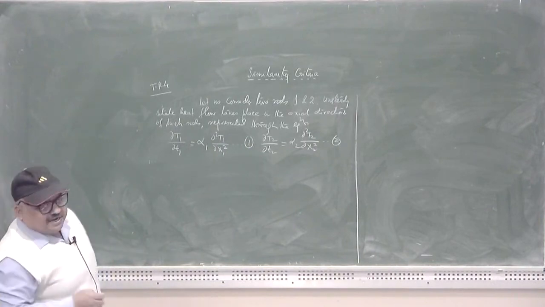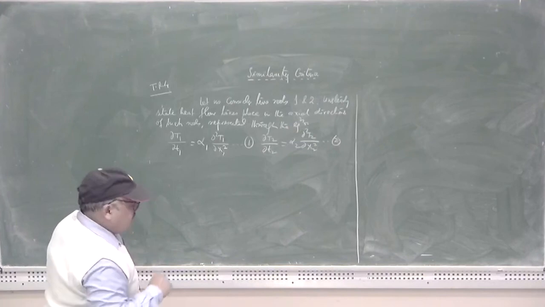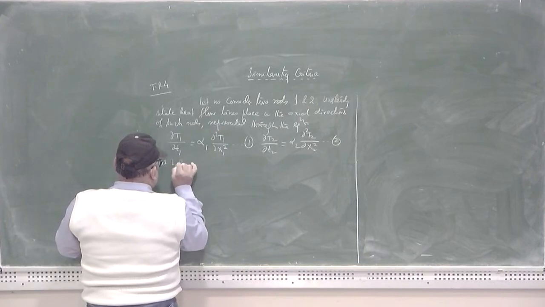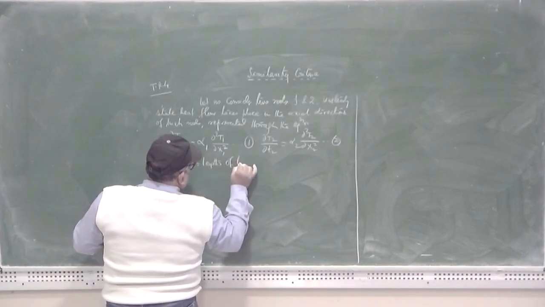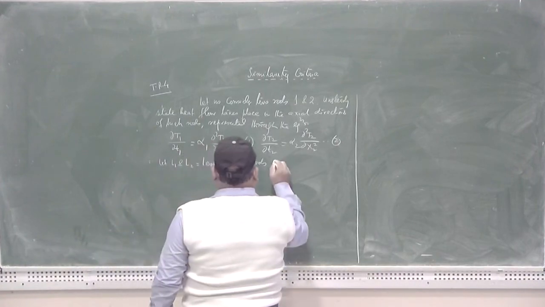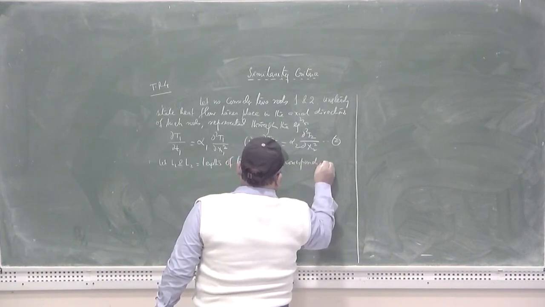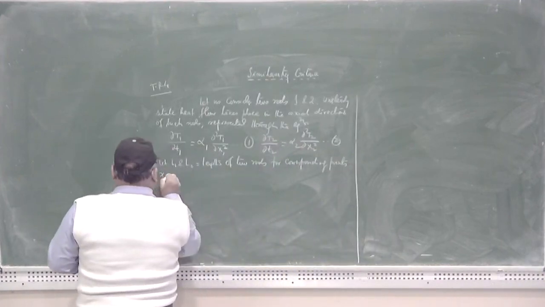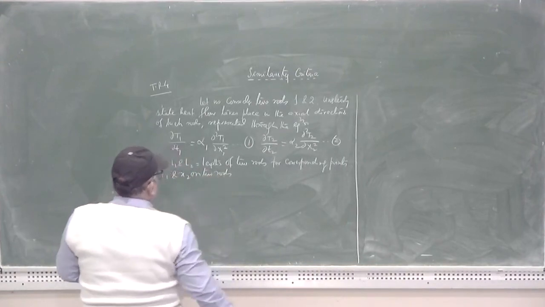I am conducting the similarity criteria analysis for these two axial rods. Now, let L1 and L2 be the lengths of the two rods, for corresponding points x1 and x2 on the two rods.